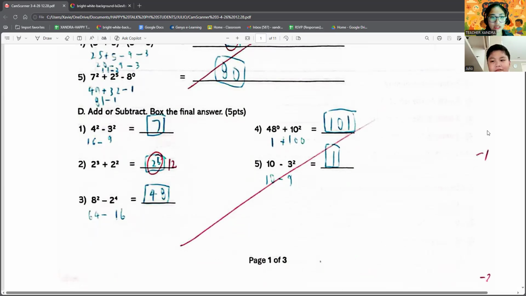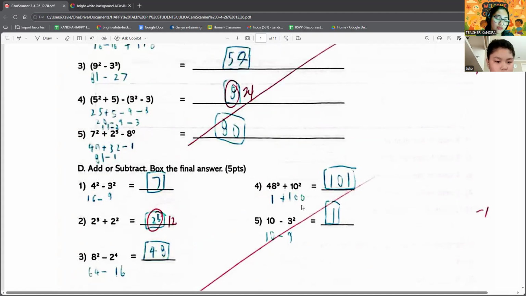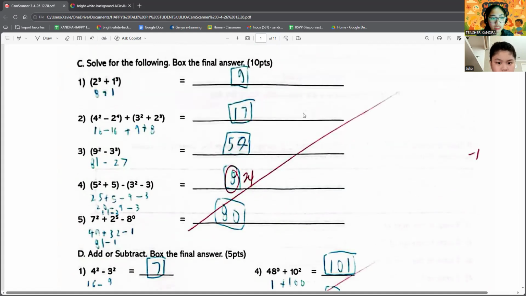Hello. Okay, let's continue. So this one is letter D, and it is all about adding or subtracting. Again, this is solving or applying exponent rules in arithmetic operations. Okay, a while ago, from the last session, we did this one, so it also applies PEMDAS or GEMDAS.